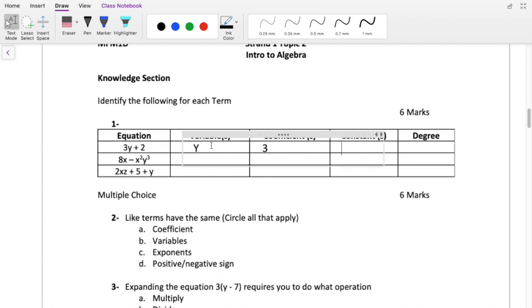The constant is the number that has no variable attached to it, so that's 2. And our degree for this one is the exponent above the letter, so that's only a 1 right there.